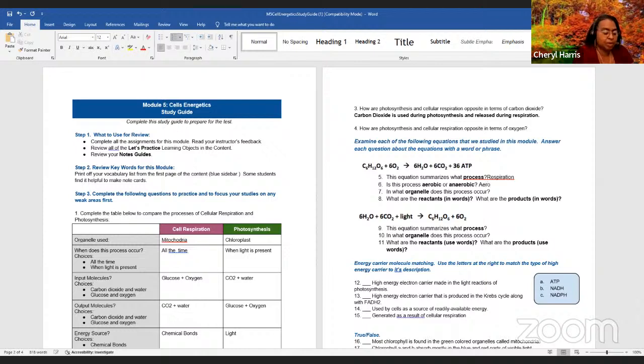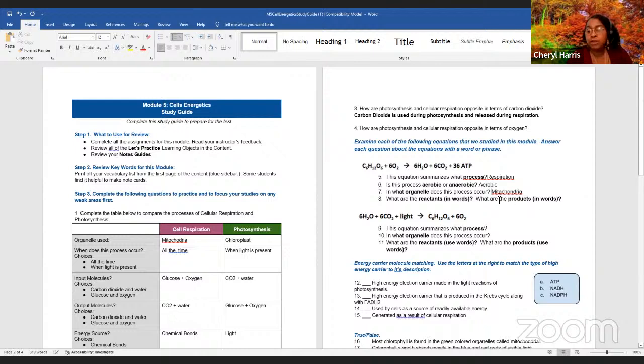It's going to be aerobic. Aerobic, and you've got to know your vocabulary. Aerobic means, thank you, Jacob, in the presence of oxygen. We said earlier that this is going to occur in the mitochondria.